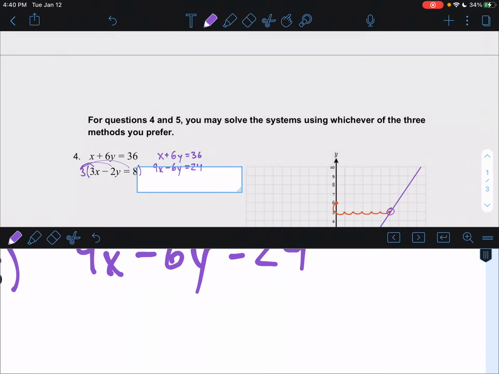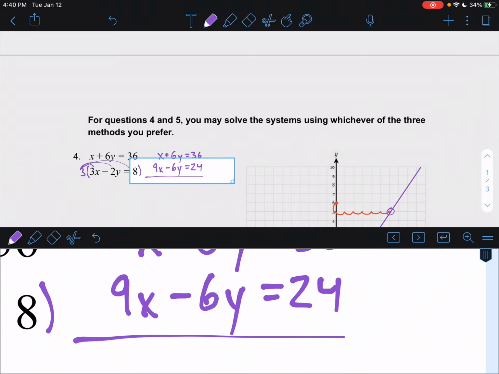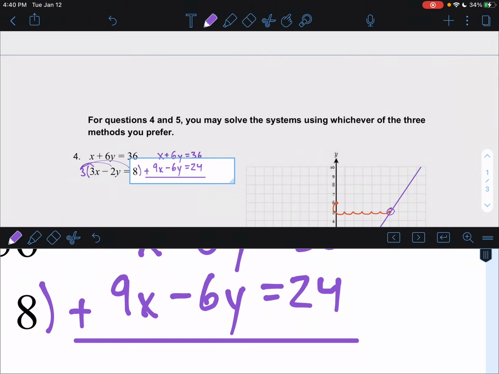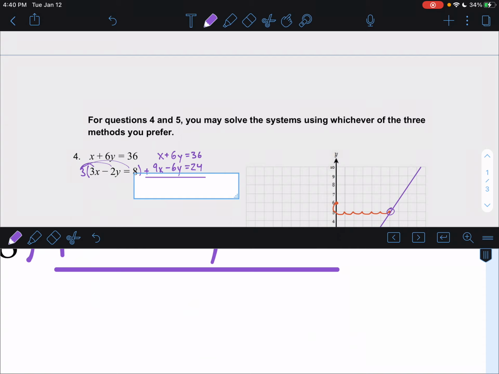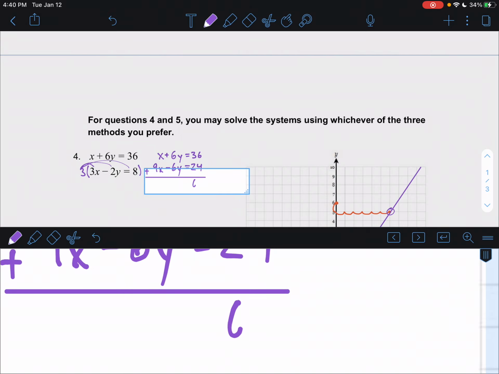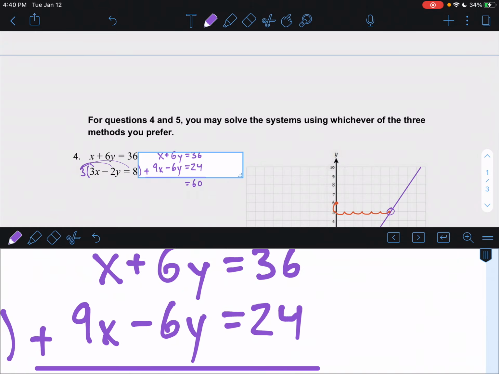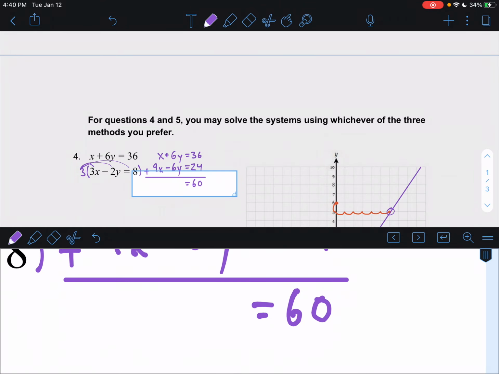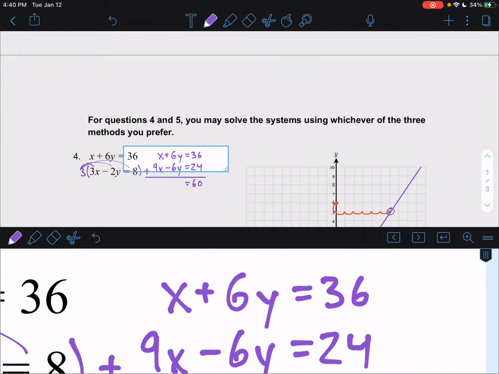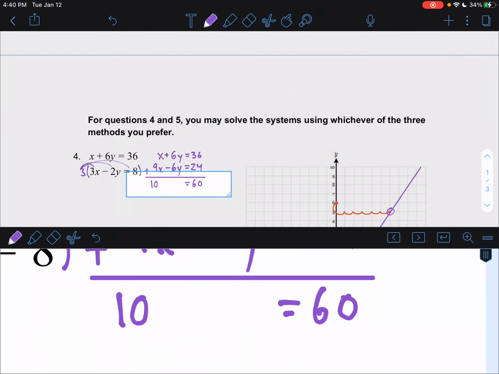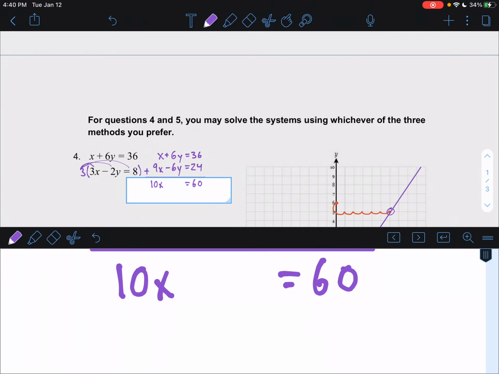Then I will add both these equations together. 36 plus 24 is 60. 6y minus 6y is just 0, or 0y. And then x plus 9x is 10x. So I have 10x equals 60.